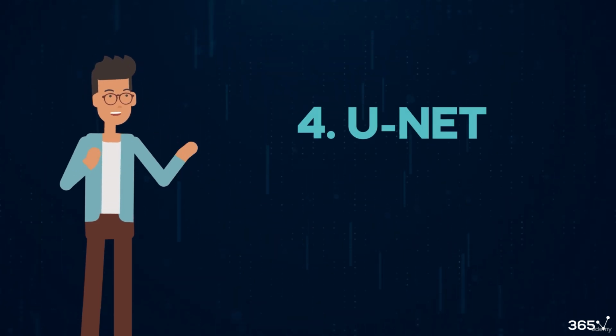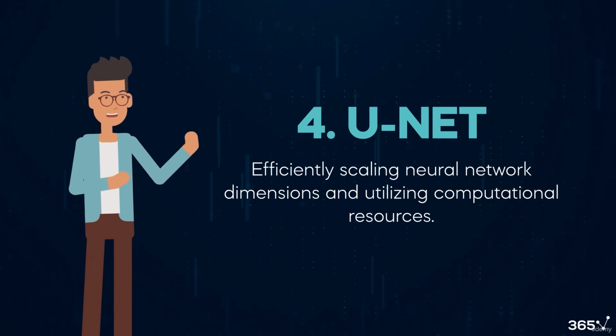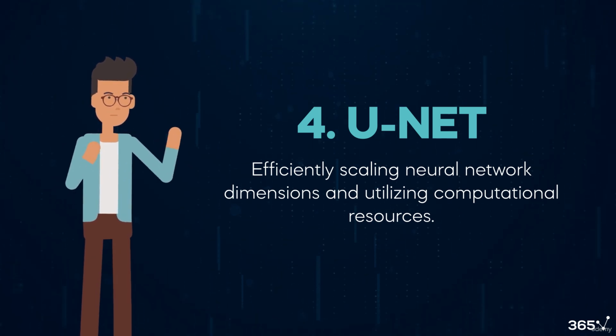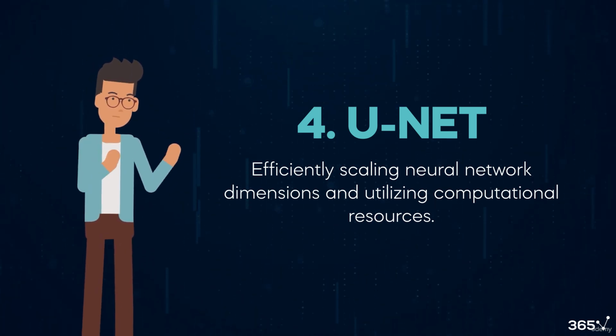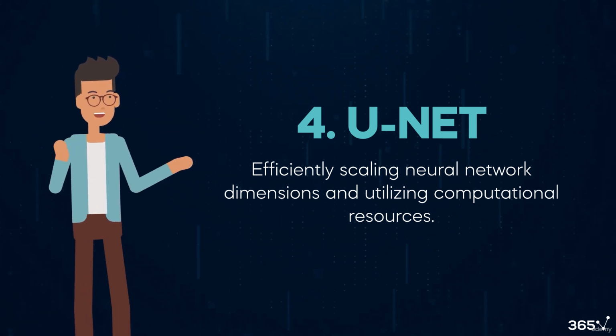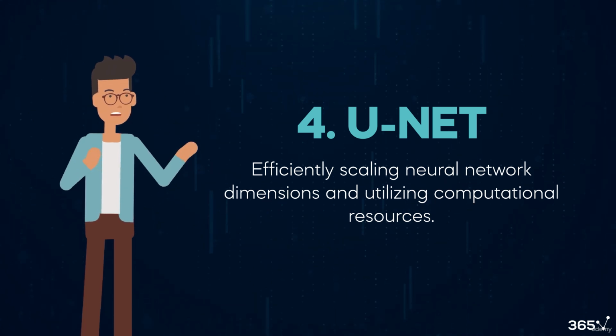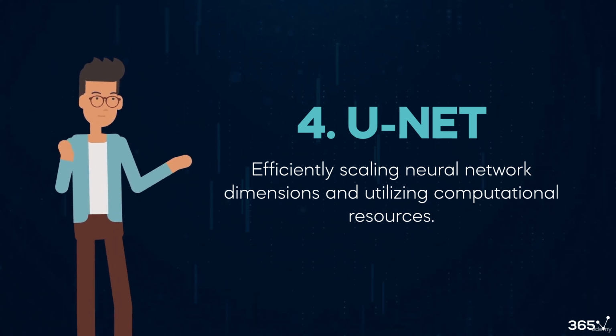Lastly, specialized networks, like UNet, excel in medical image segmentation, while EfficientNet optimizes performance by efficiently scaling neural network dimensions and utilizing computational resources.